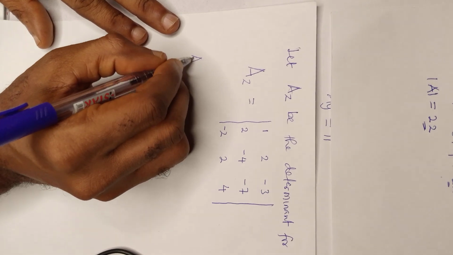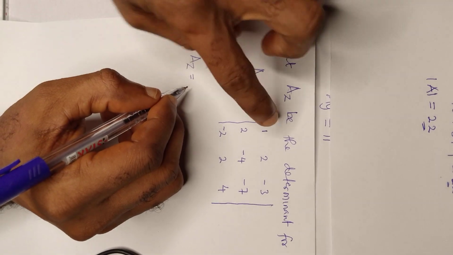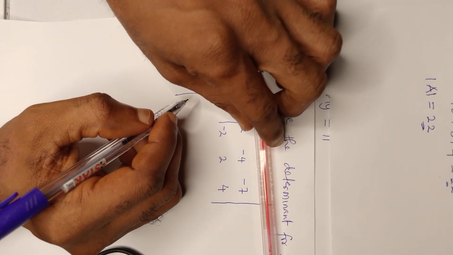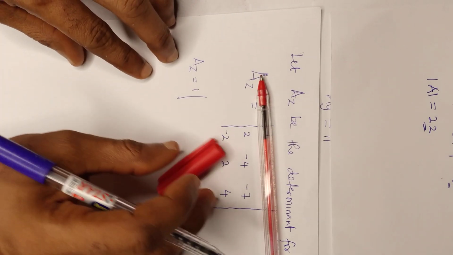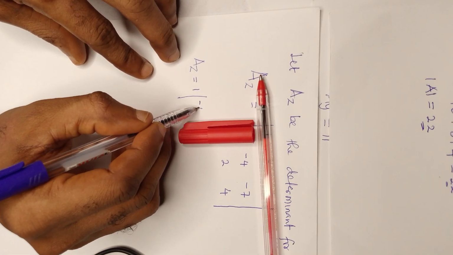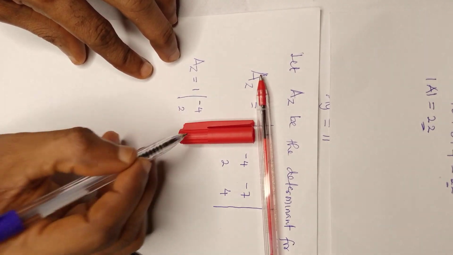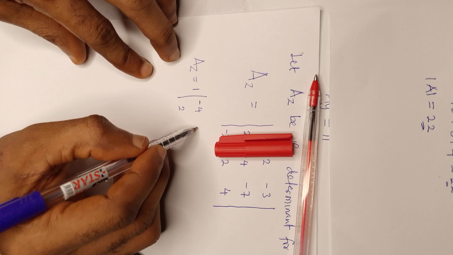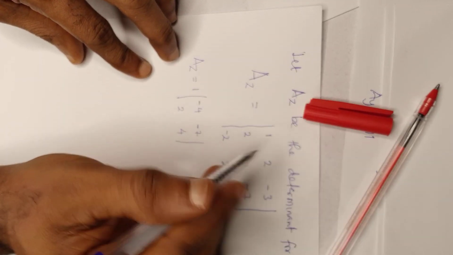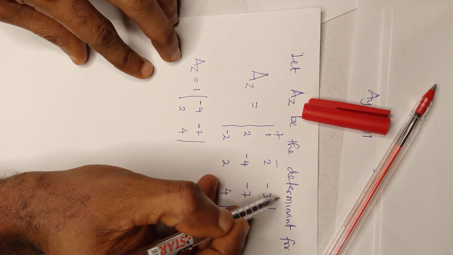So AZ will be equal to, we take the first value, which is 1, and then if we take 1, we'll cover this, and then we'll cover this point. So we are going to be left with minus 4, 2, minus 7, 4. Okay, don't forget plus, minus, plus.